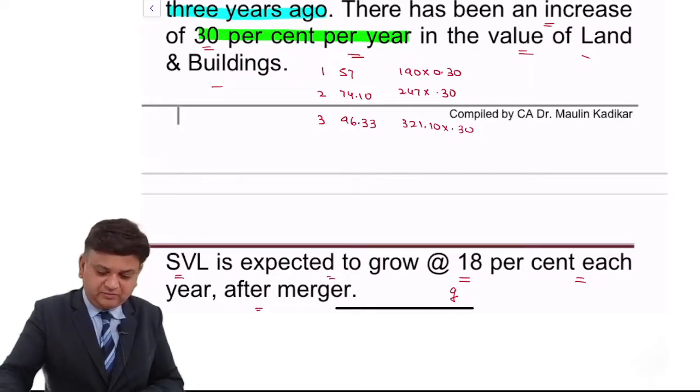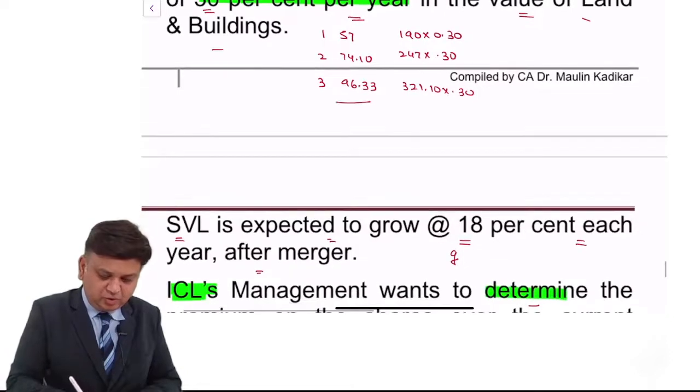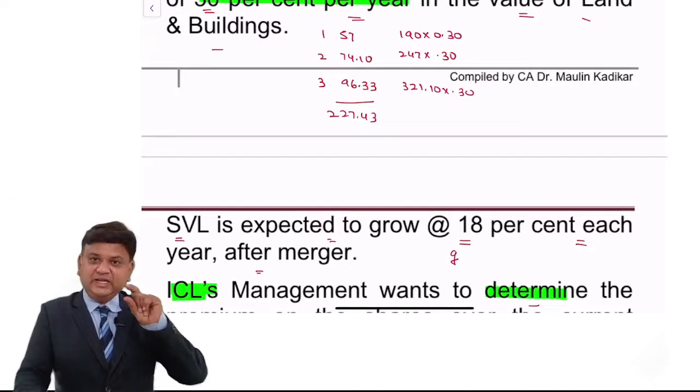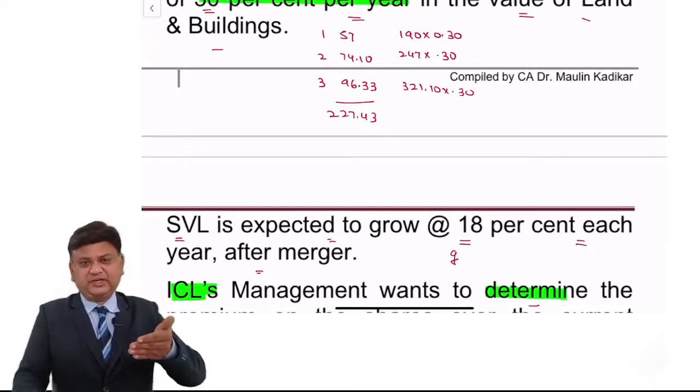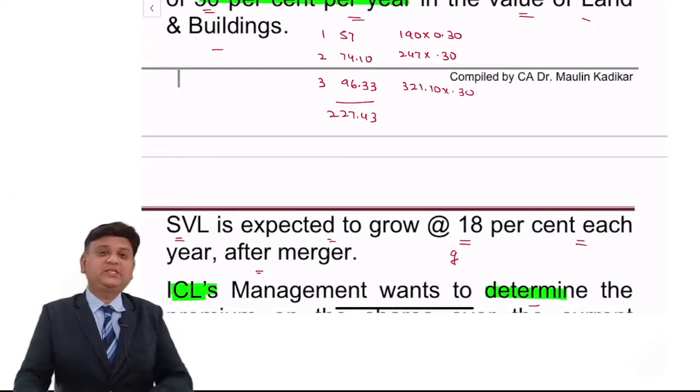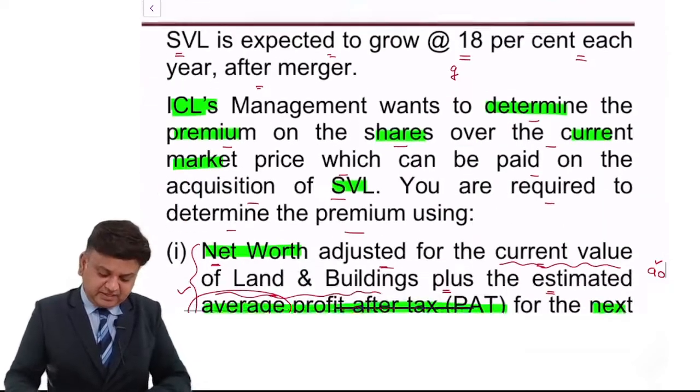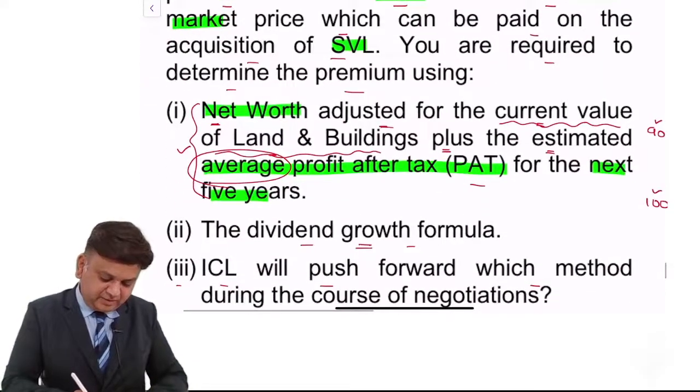So the total amount of the increase is 57 plus 74.1 plus 96.33. That comes to 227.43. So the 785 crore net worth which we had discussed plus 227.43 crore is supposed to be added over here for the purpose of valuation.